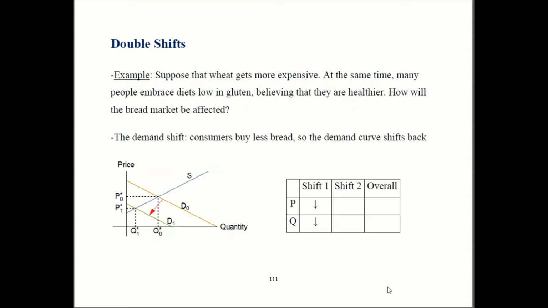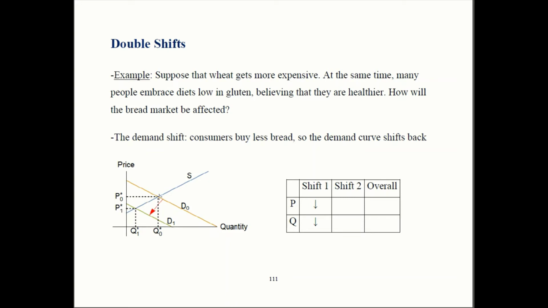The first thing we'll do is study the demand shift. Consumer tastes are changing, and now they're buying less bread because they're trying to avoid the gluten that is in bread. Demand starts out over here at D0, and here's our supply curve S. The old equilibrium is where old demand meets supply. That happens right over here, P0, Q0.